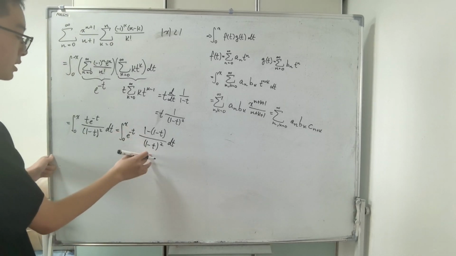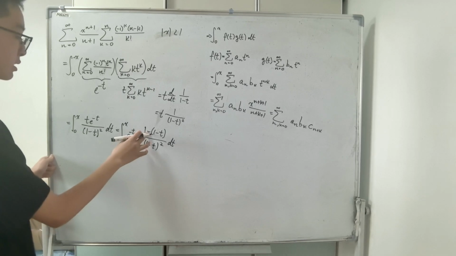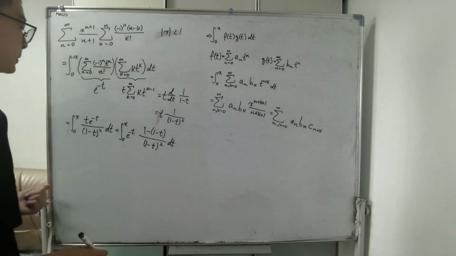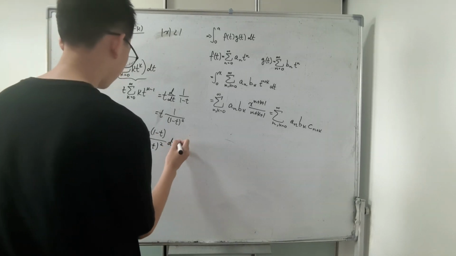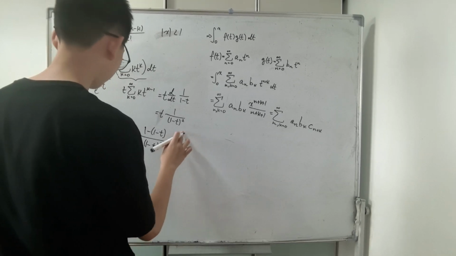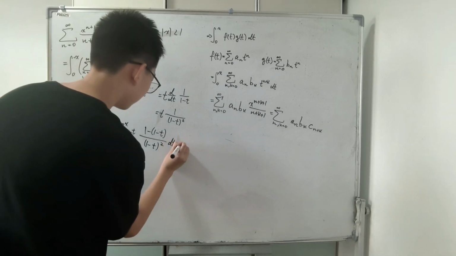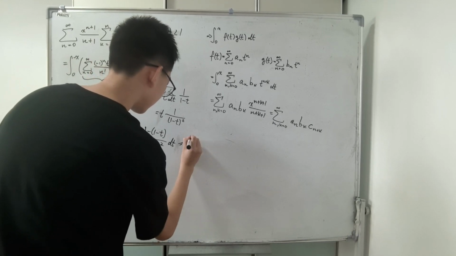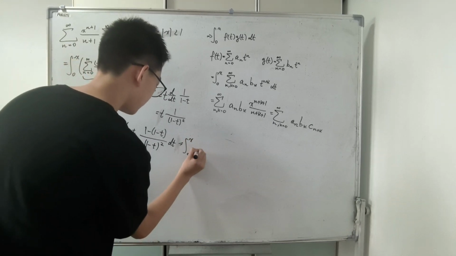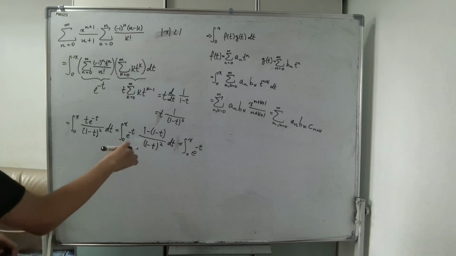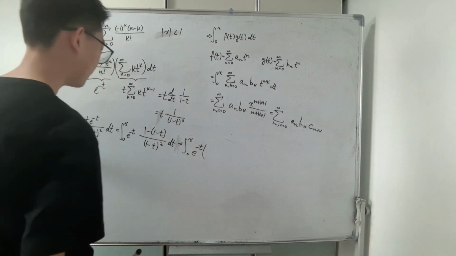We get 1 over 1 minus t squared, and then minus 1 minus t over this, but we can cancel the square, so it's just 1 over 1 minus t. So in this case we'd actually get the integral from 0 to x, first of all, of e to the minus t, and then we have this other thing.